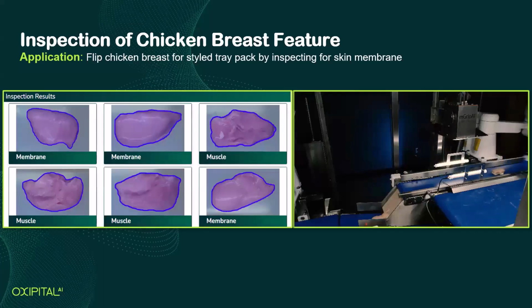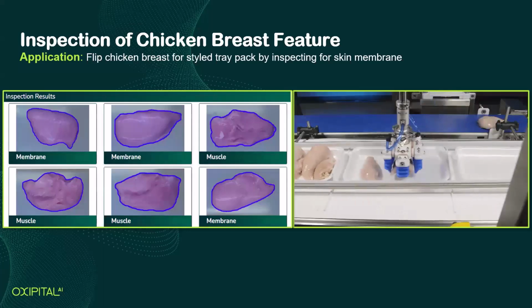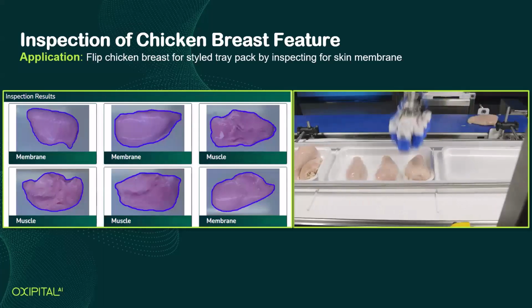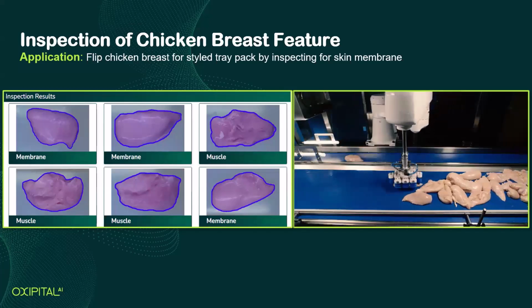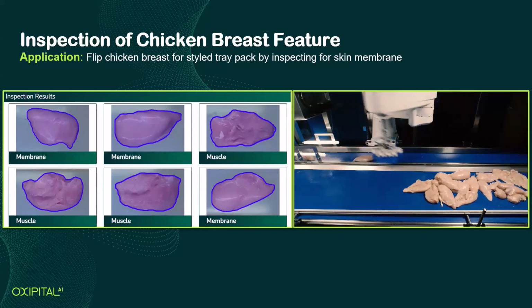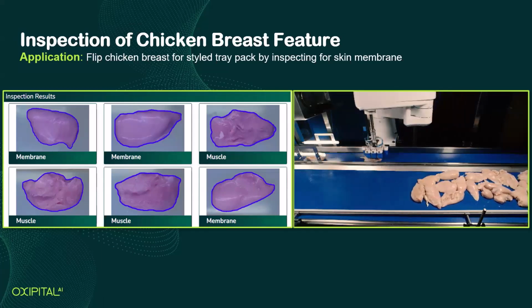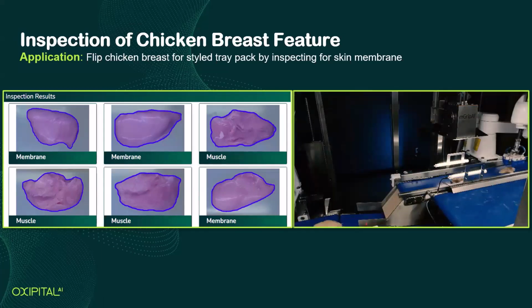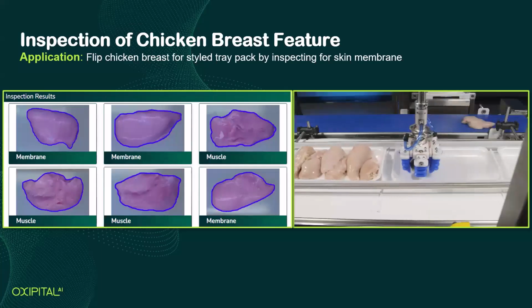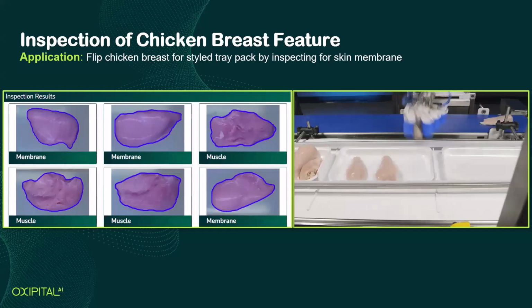And this means that some products need to be flipped and reoriented before being placed into a tray. Well, to be able to do this, you need to inspect the chicken breast for the skin membrane side, which is that smooth, shiny side, rather than the rough bottom side, and determine if the product needs to be flipped or not.